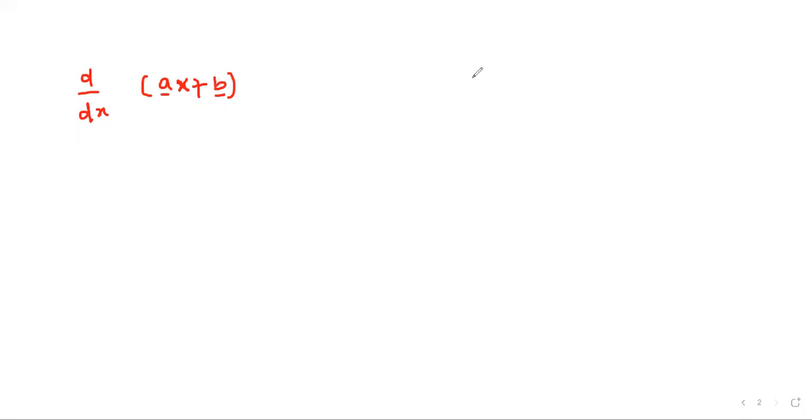If a constant is accompanied by x power n, its differentiation is given like this: a into d upon dx of x power n, that will become n a x power n minus 1.